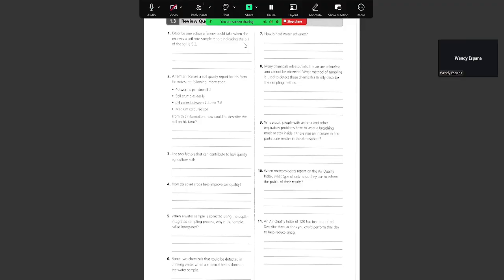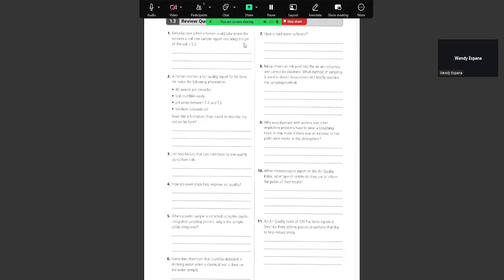Number 6, name 2 chemicals that can be detected in drinking water when a chemical test is done on it. So remember, there's 2 chemicals. One is naturally occurring, but you want to keep the levels down. And there's another one that you cannot have in drinking water. It will cause illness. So go back and have a look at that.